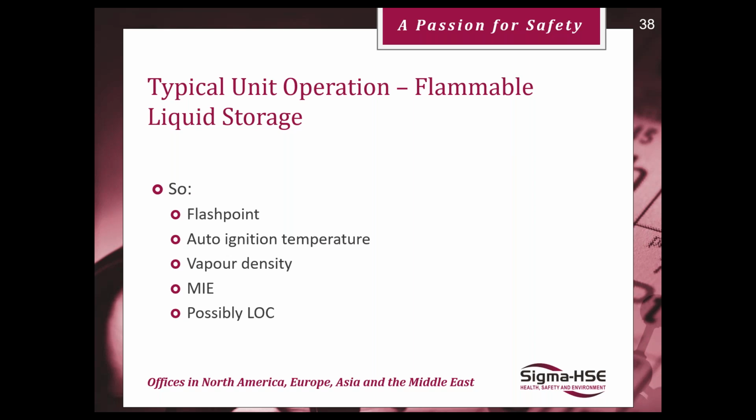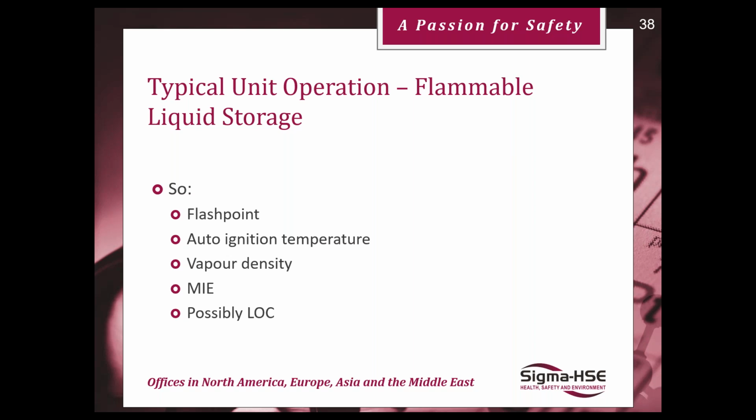If we were storing a low flash point solvent, very typical in our processing industries, such as acetone, toluene, xylene and alcohols, which all have flash points around 12 degrees, which in the UK means that for a good part of the year they're giving off sufficient vapors, the flammable atmosphere will be present, so we need to control our ignition sources. We may have bearings or sources of heat, pumps running and so on, so auto-ignition temperature is important.